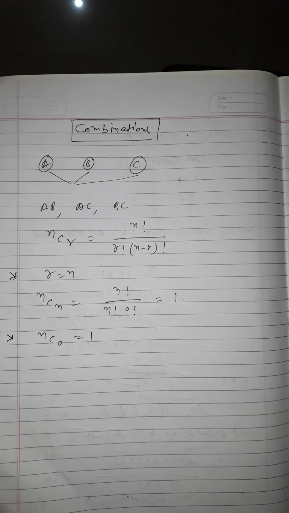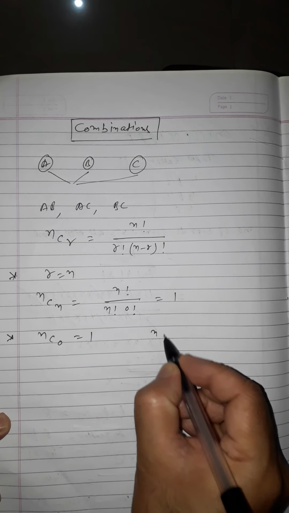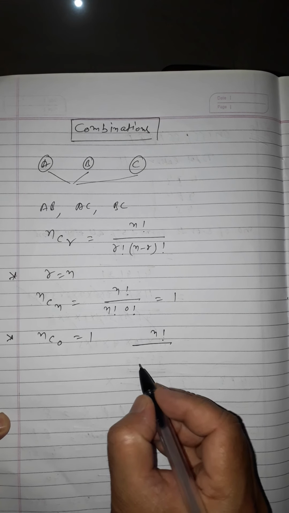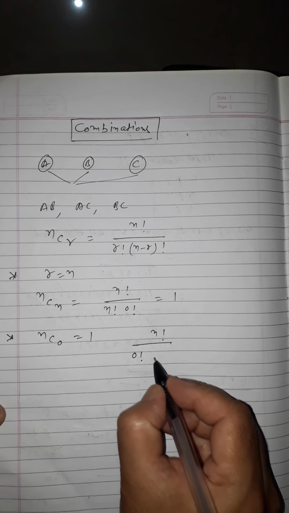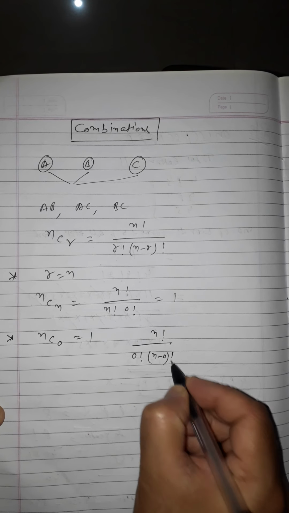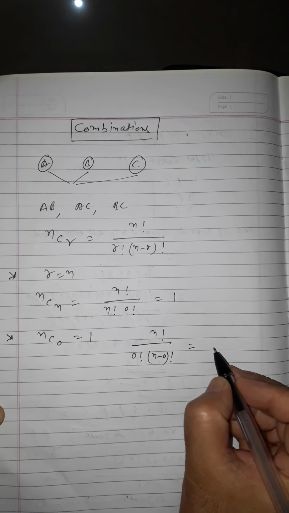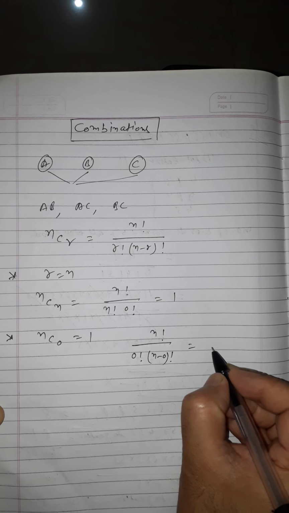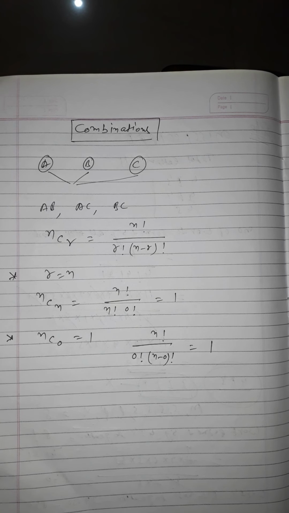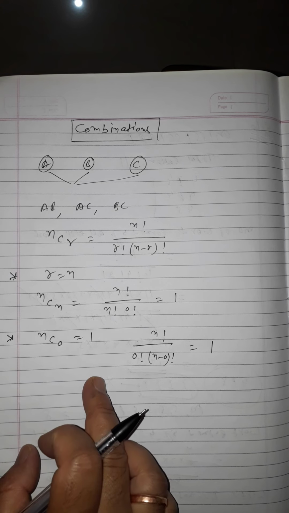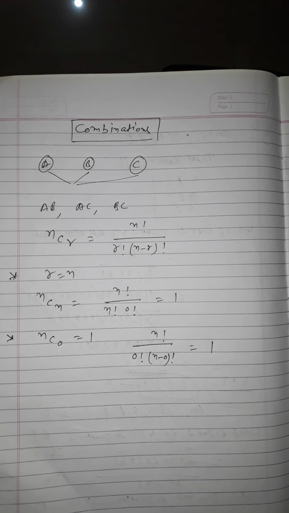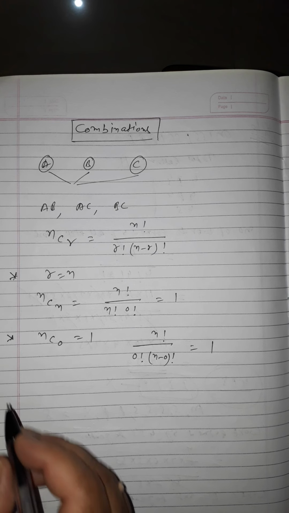Now I want to tell you how it comes to 1: it is n factorial upon 0 factorial into n minus 0 factorial, which is also equal to 1. So keep in mind that nCn is also equal to 1, and nC0 is also equal to 1, right?